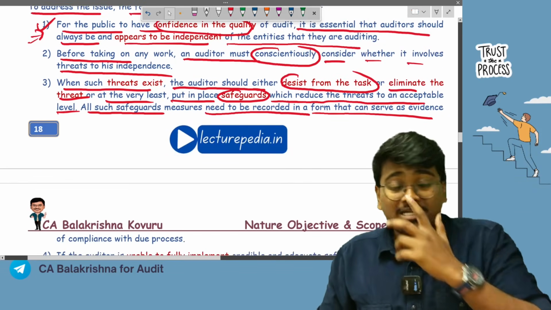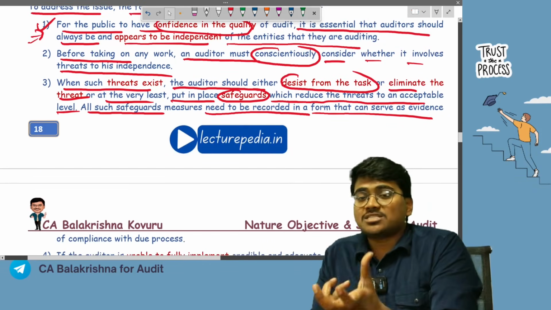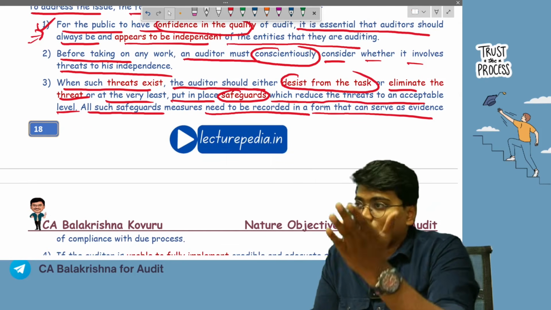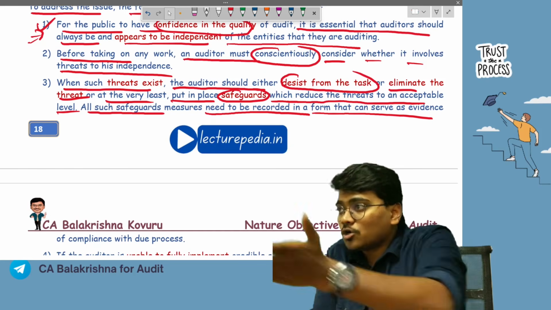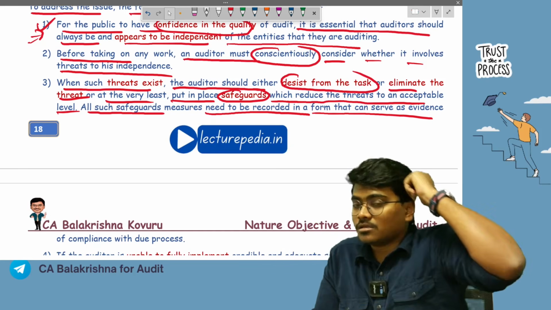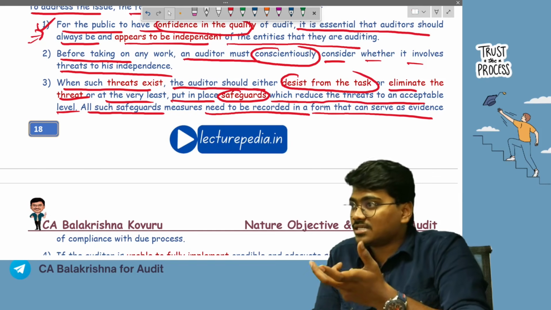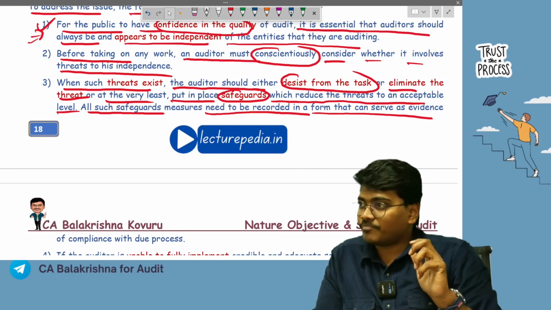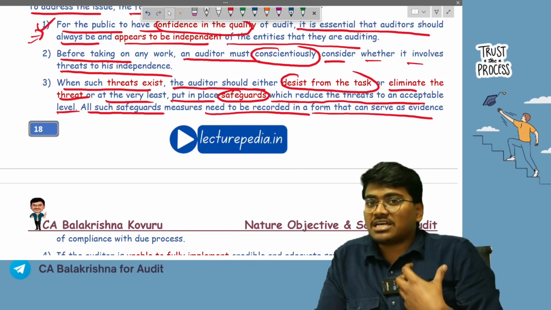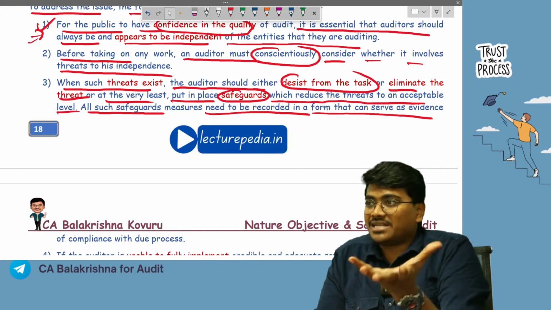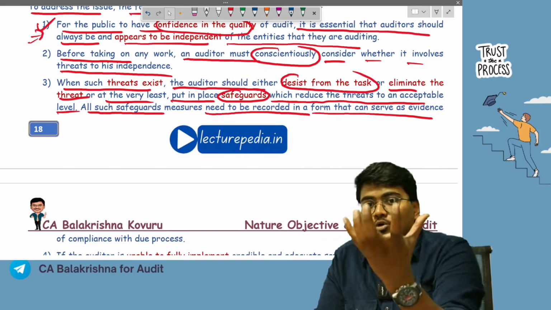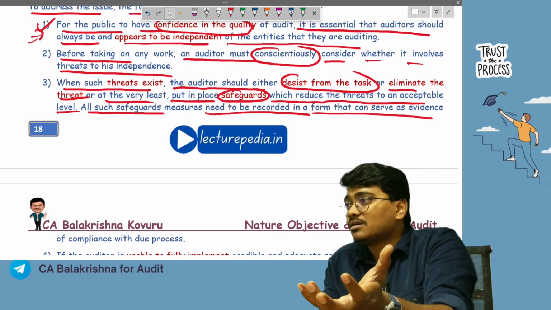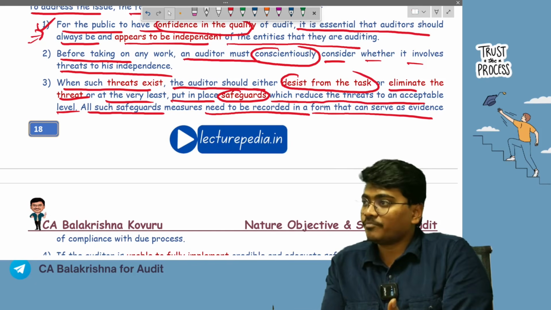Whatever work you do needs to be supported by evidence. No evidence means no work. The authorities will consider that if no evidence is available, you have not done any work, because the service that we provide is not a materialistic one. You can't show your service. The only way to show your service is through the evidence that you have gathered, right?